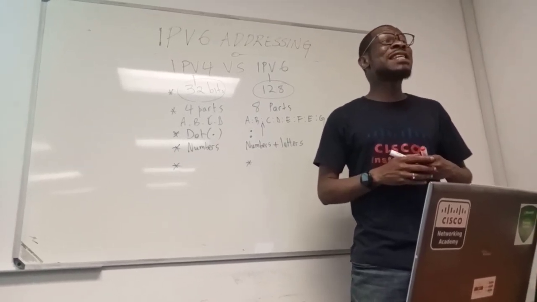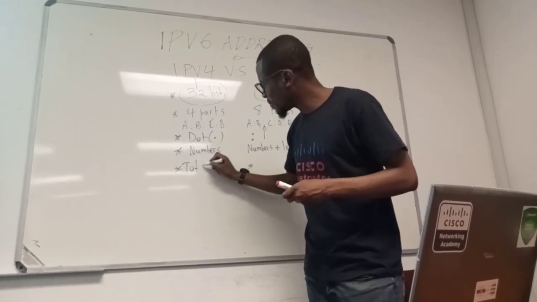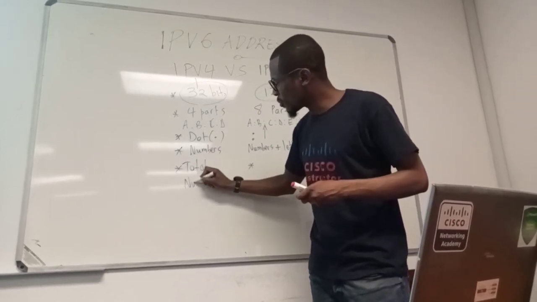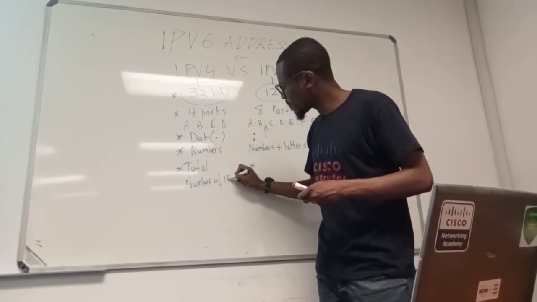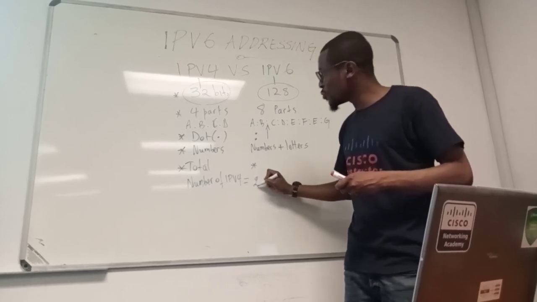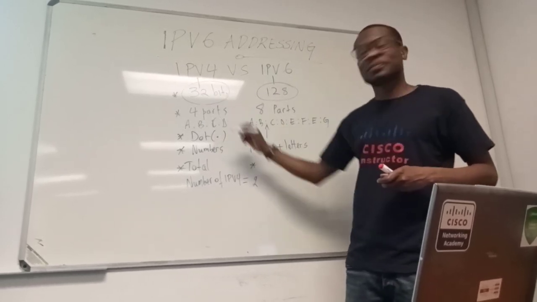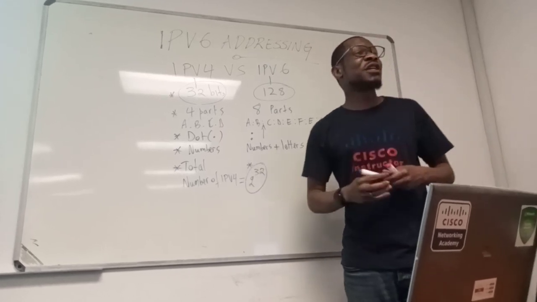And for you to know the total number of IPv4 addresses, you must take 2 to the power of what? 32. 2 to the power of 32.